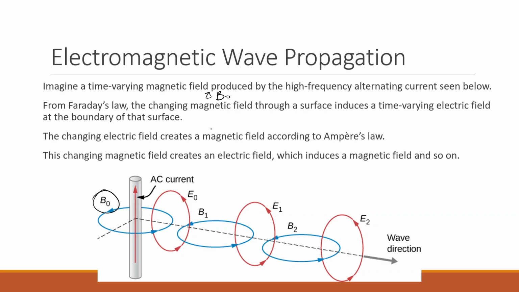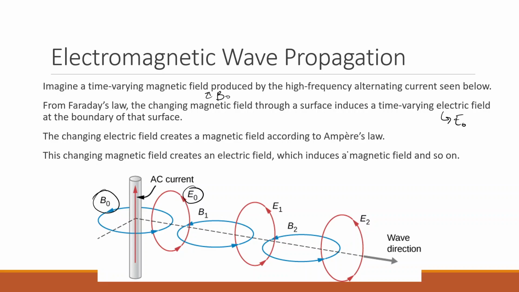Okay. From Faraday's law, like we just looked at, the changing magnetic field through this surface induces a time-varying electric field at the boundary of that surface. So now we don't just have this magnetic field, but now we have an electric field that is being produced. Okay, so we have this time-varying electric field now.